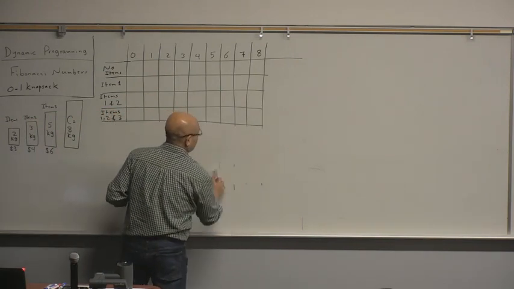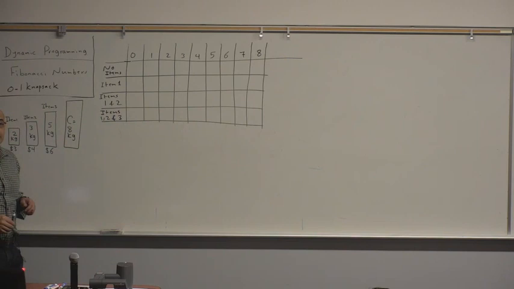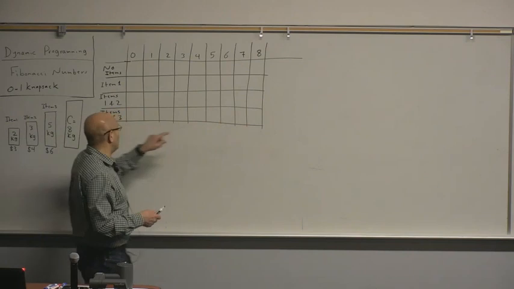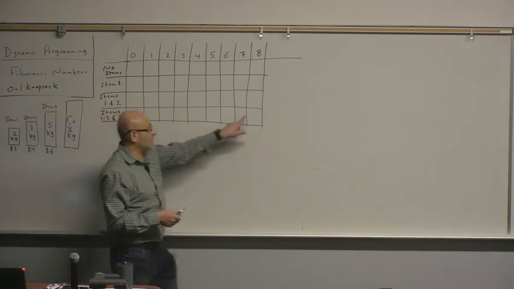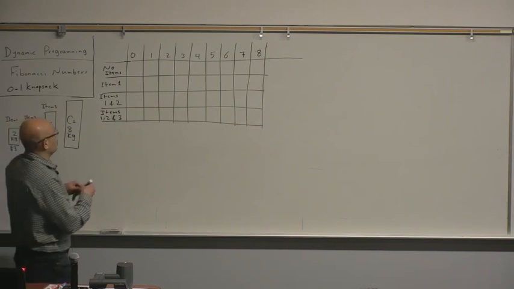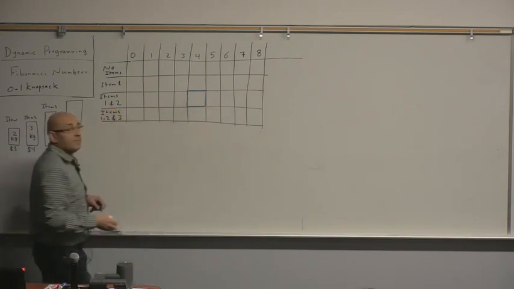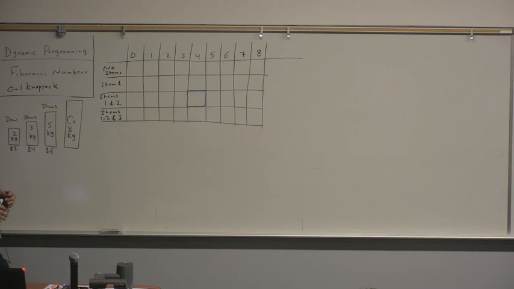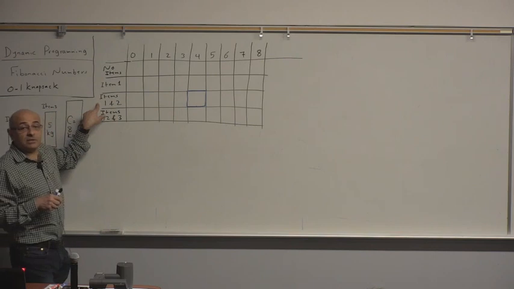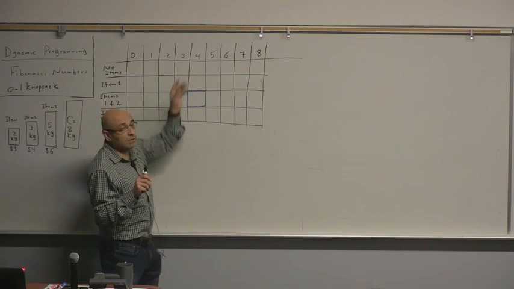So which square in this table is going to have the solution to the whole problem? Yeah, the last one. This is the solution considering all items with a capacity of 8. Let's look at this square here, for example. It will have the optimal solution to the subproblem of considering only items 1 and 2, so item 3 is not considered, with a capacity of 4.